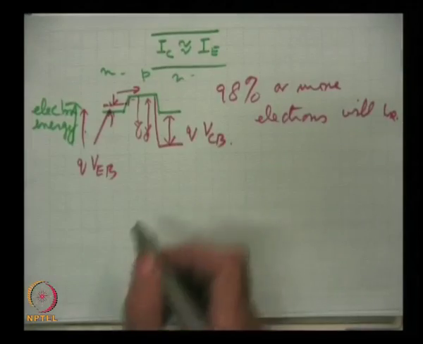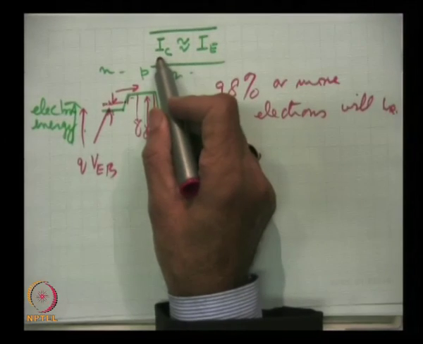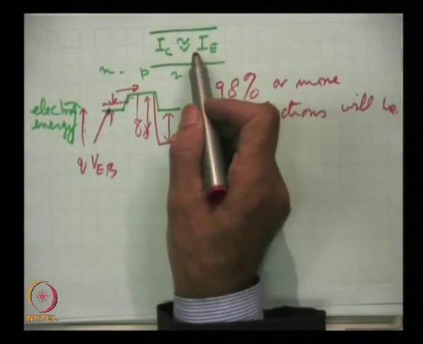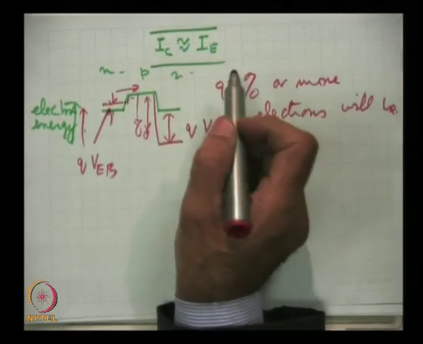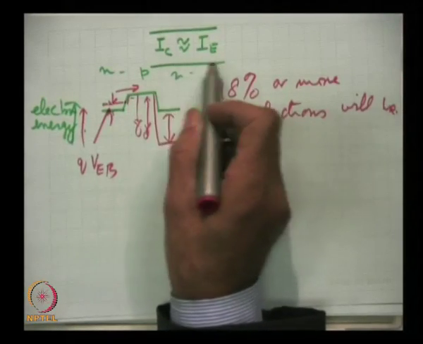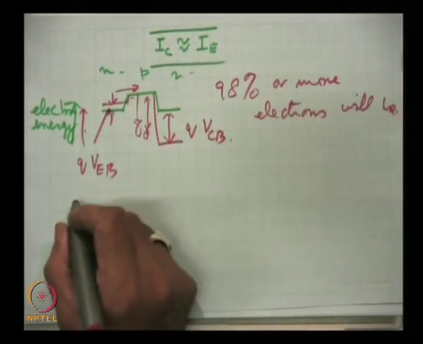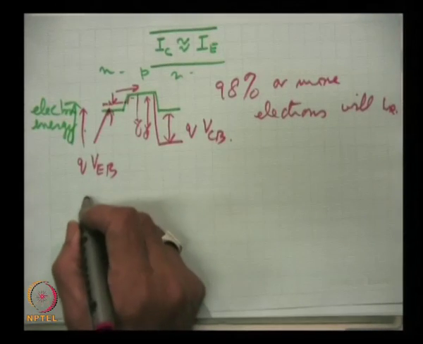That is why it was said that the collector current is very close to the emitter current. Now, this is what is called the transistor action.